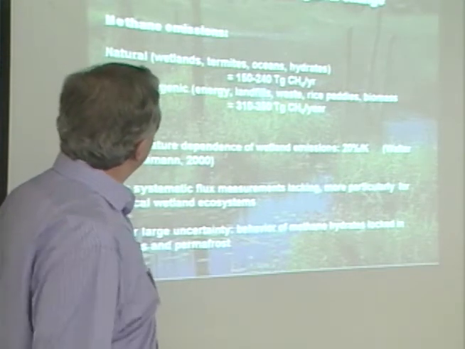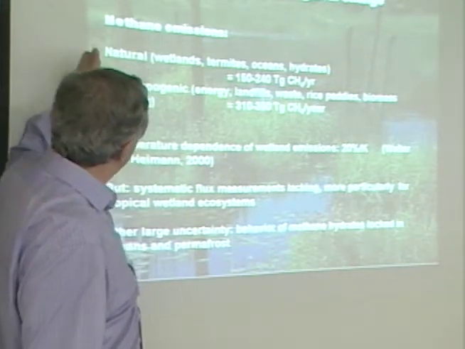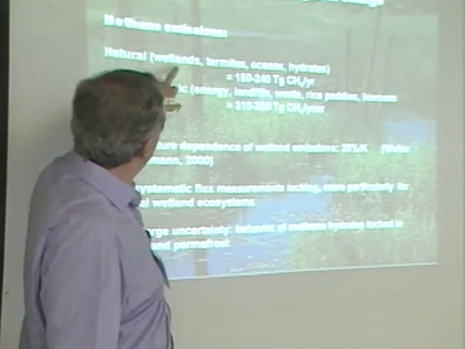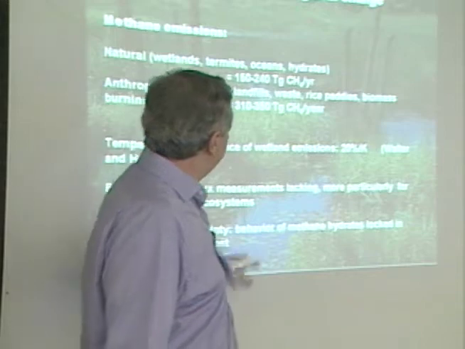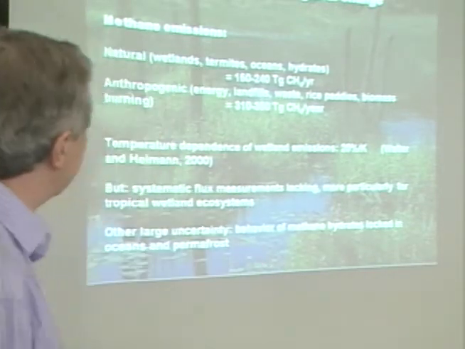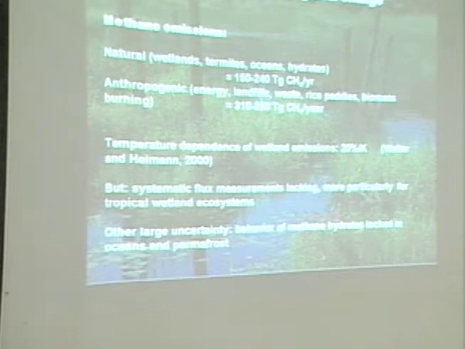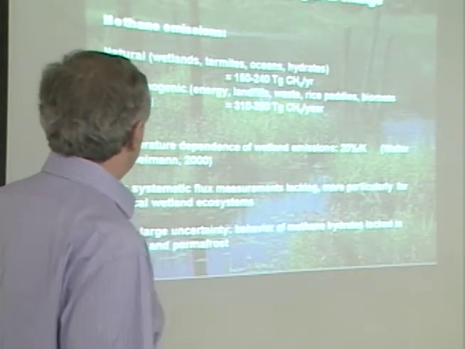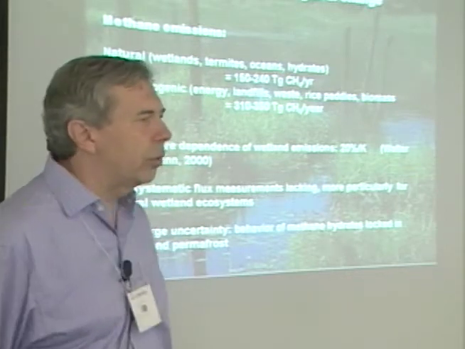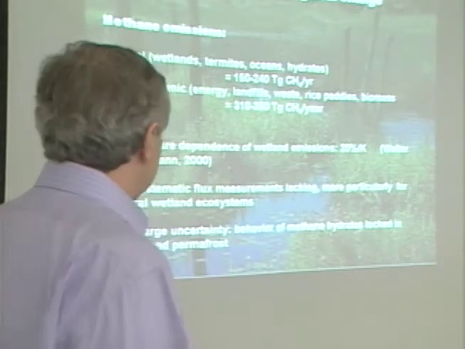That's about the separation between natural and anthropogenic emission. In terms of the wetlands, people believe that for a 1 degree Kelvin increase in temperature, the emissions increase by 20%, which is relatively important. But we don't know quite, because we don't have a lot of measurements to characterize that number. So it's a bit of an uncertainty.